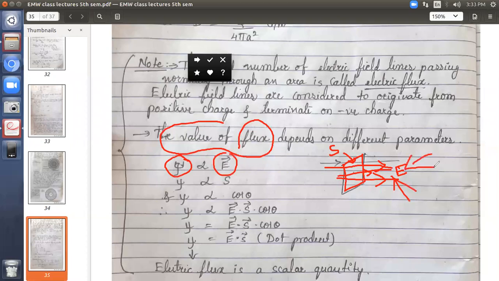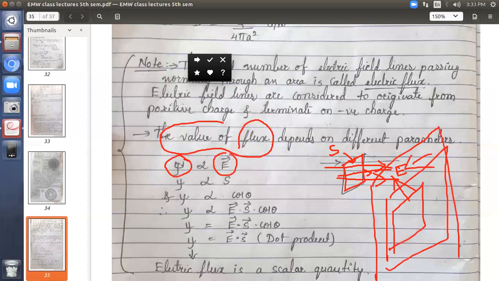If your electric field is more, flux is more, more lines will be there. And if this area is more, if you take bigger areas, more number of lines will pass, right? So the flux is also dependent on the area.